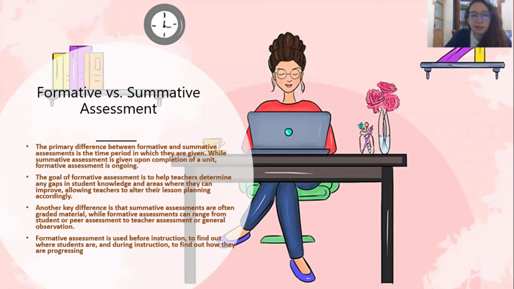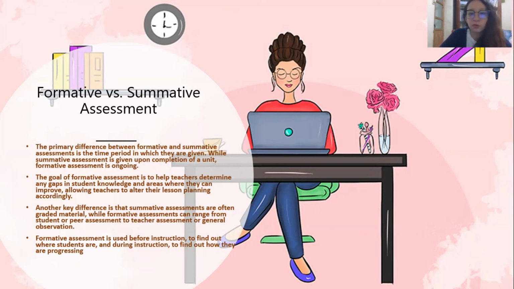And on the other hand, summative assessment we can put into practice just at the end of the chapter or at the end of the chemistry unit, for example.